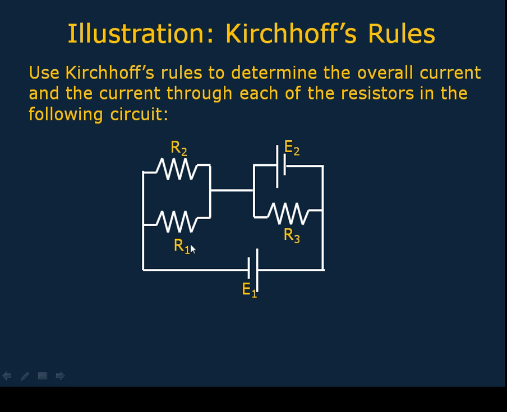We are given the battery voltages E1 and E2. Now, this is not a numerical problem, so we don't know the directions of the various currents. We could start out any way we would like to, and let's do it this way.